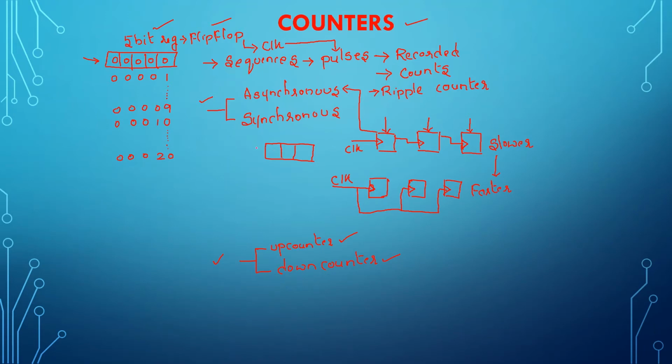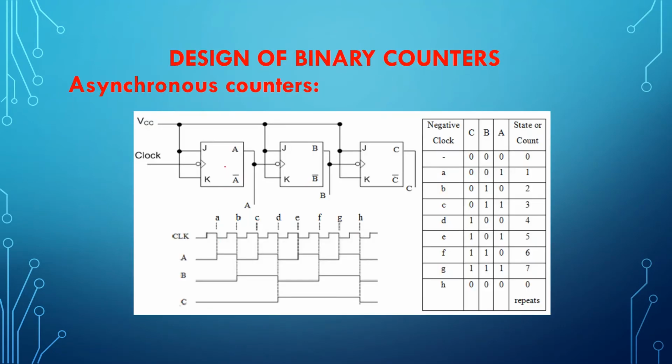These flip-flops can be made using D flip-flop, T flip-flop, SR flip-flop or JK flip-flop also. So you have a vast variety of classifications, out of which asynchronous, synchronous, up counter and down counter are the major ones. Moving on further, we'll directly get into the design of binary counters.